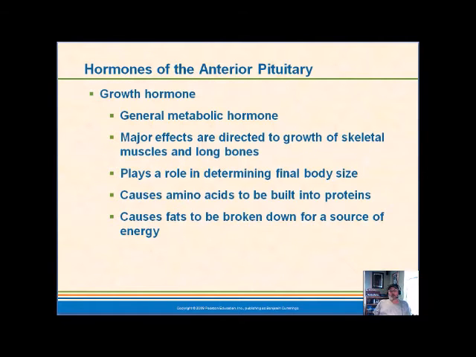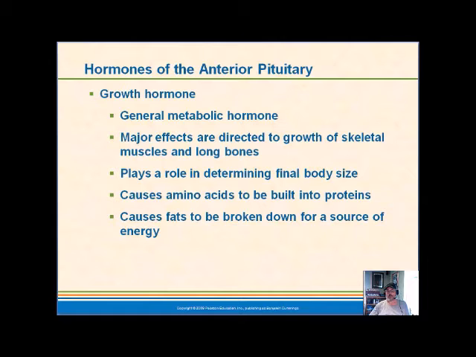First, we'll talk about the growth hormone. It's a general metabolic hormone, and it works on all sorts of tissues. Its effects are directed toward the growth of the skeletal and muscle and long bones, and it plays a role in determining your final body size, whether you're tall, small, etc. What it does is it causes amino acids to be built into proteins.